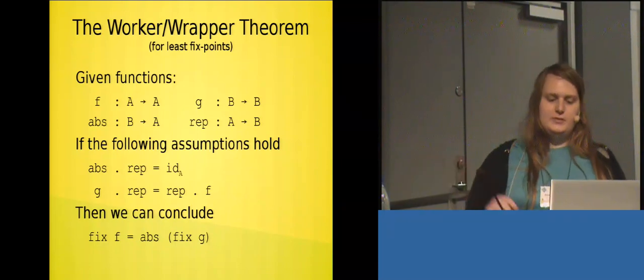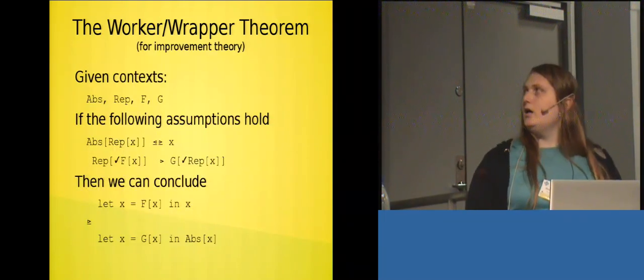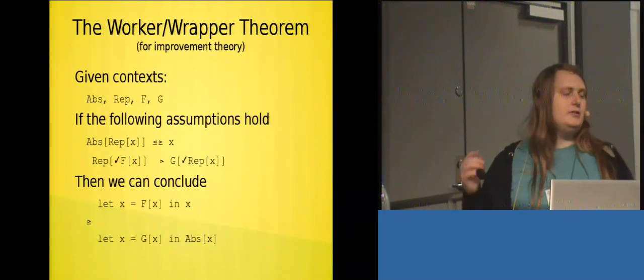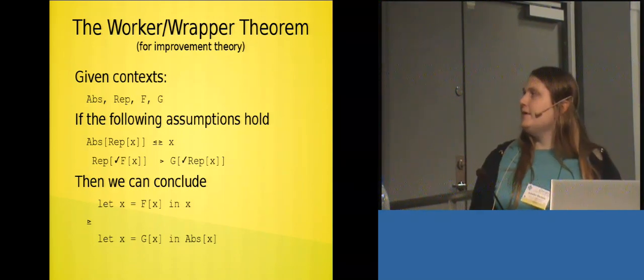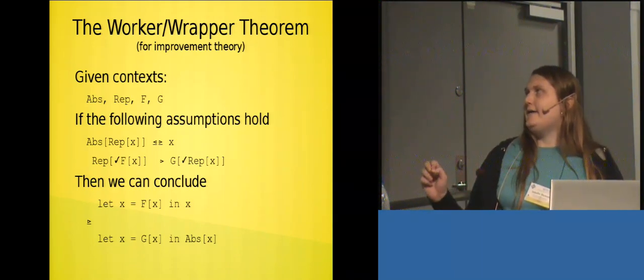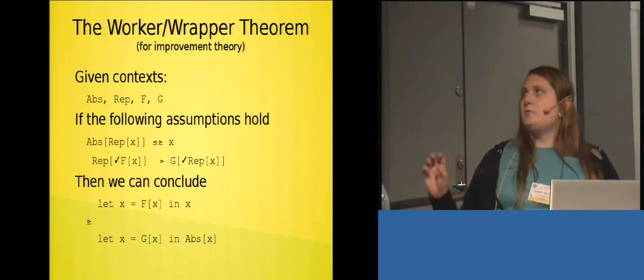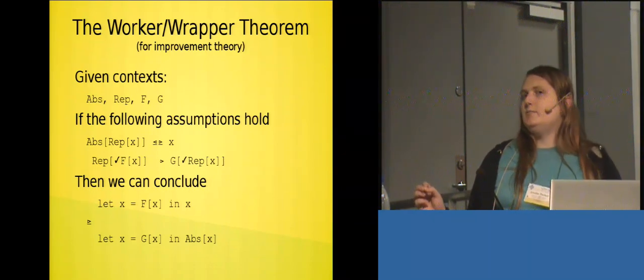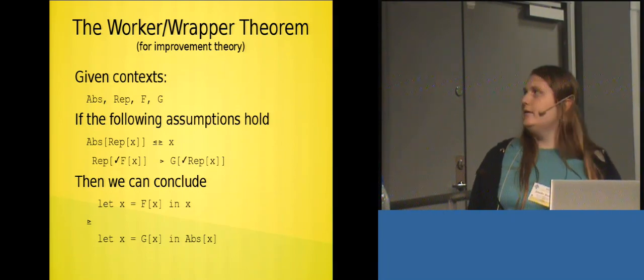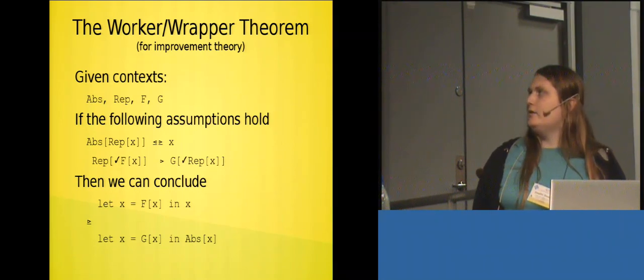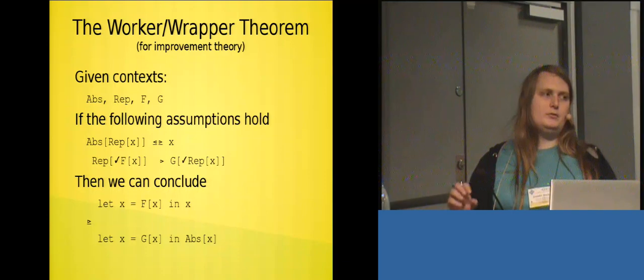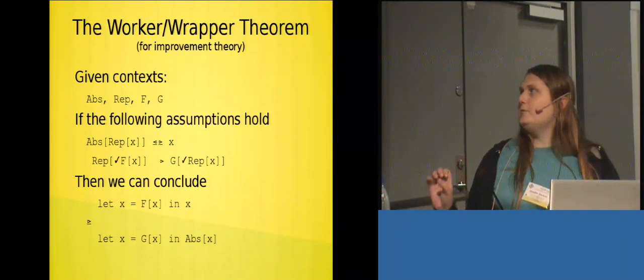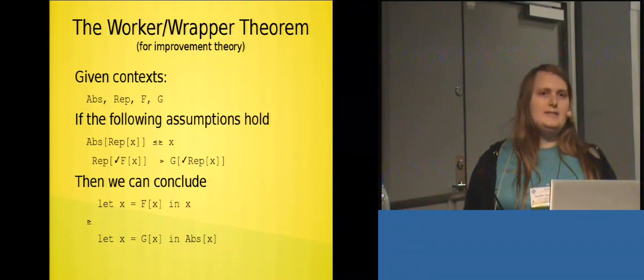And these assumptions have then turned into improvements, but actually there are two different things at play. Firstly, we have that abs rep x needs to be equivalent to x, but only weakly equivalent, meaning you can have a constant factor in there. The reason it's not a complete strong equivalence is that if it was, abs and rep basically wouldn't be able to do anything because they wouldn't have any time to do something.